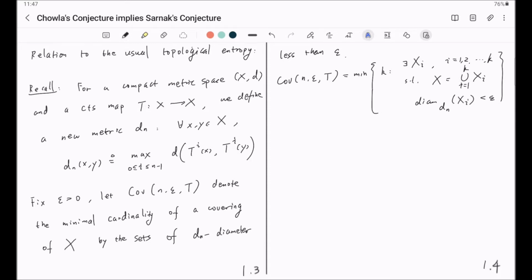The reason that we can make this cover a finite cover is that we assume this X to be compact. So we can always choose those X_i's to be open, and because of the compactness, we can reduce the cover to a finite cover. So this number must be a finite number, and it suffices to consider the finite coverings.